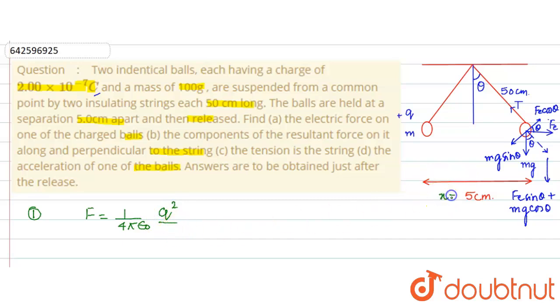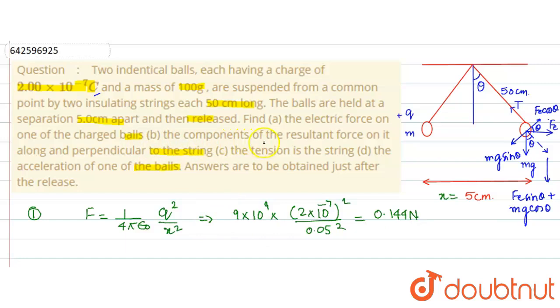Putting in the values, this is 9 × 10^9 times (2 × 10^-7 coulombs) squared divided by the distance between the balls, 5 centimeter, which we write as 0.05, squared. On solving this, we get the force as 0.144 Newton.